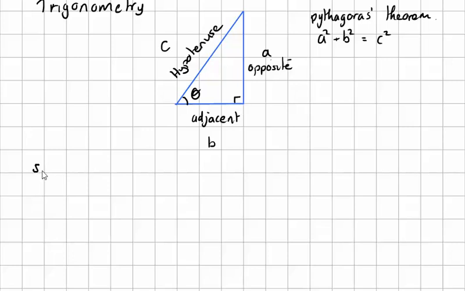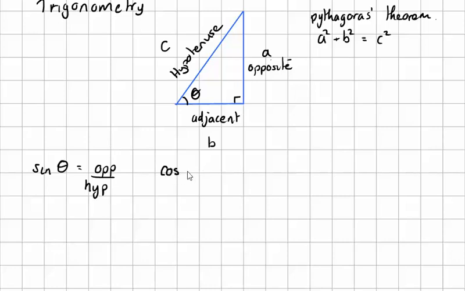So the sine of whatever angle it is, found by doing what? Opposite over hypotenuse. The opposite side divided by the hypotenuse will give you a number, and that number is the sine of the angle, which we can use to find the angle.